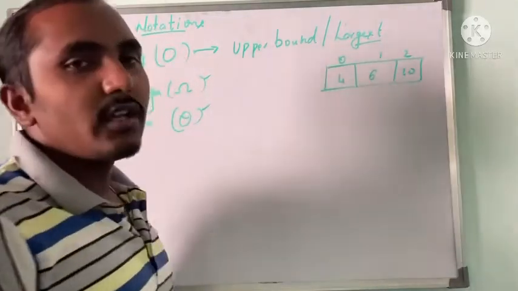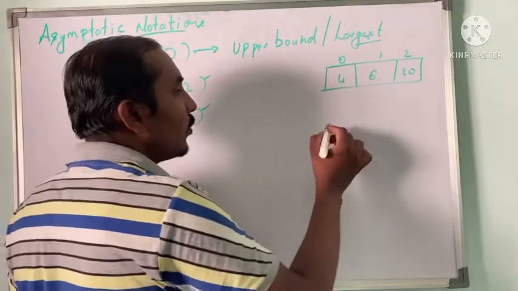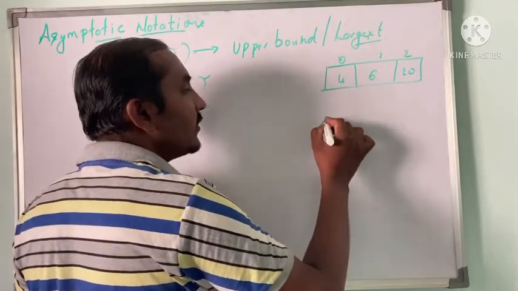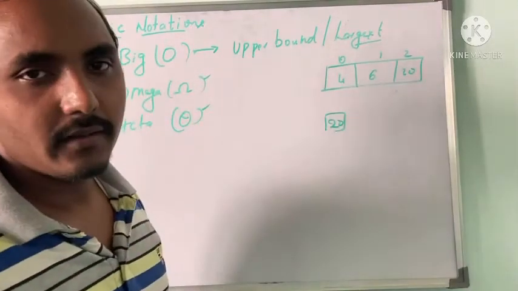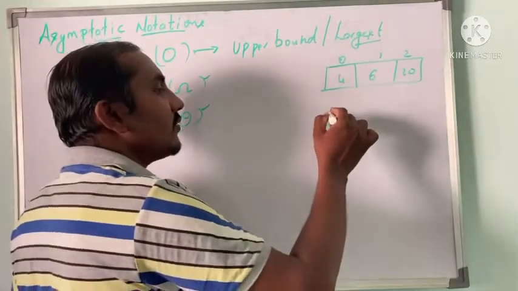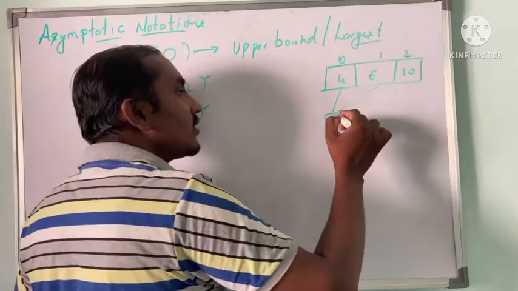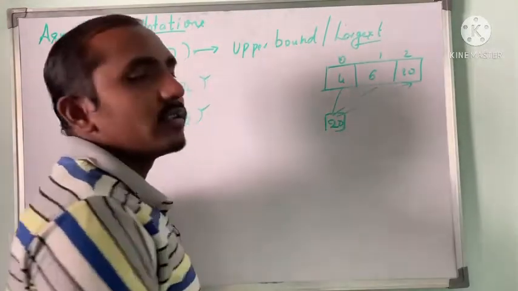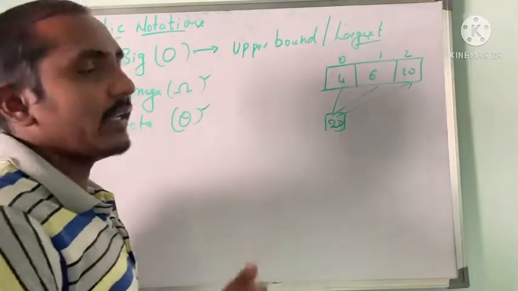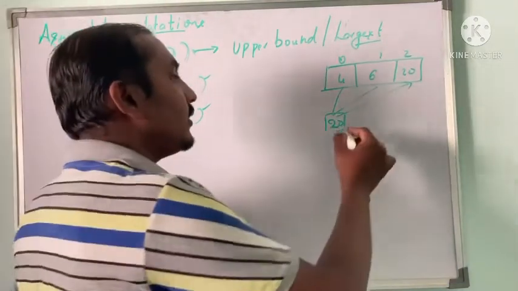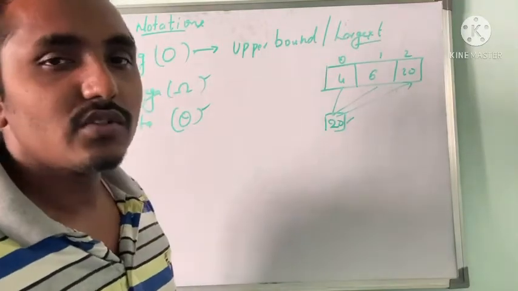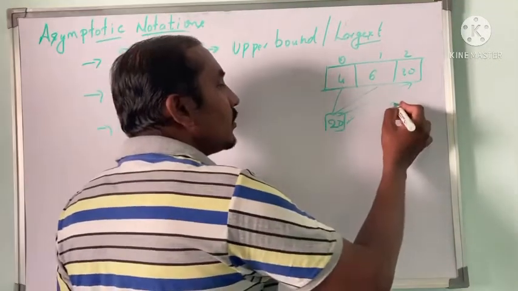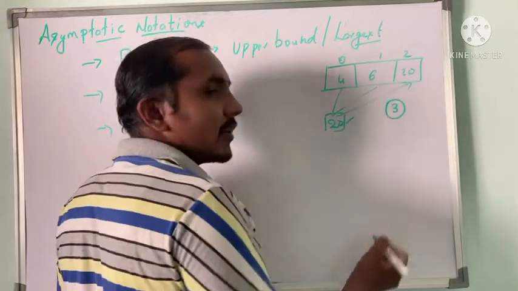Suppose I am searching for the element 20. This is the maximum amount of time it may take. First we compare with 4, then 6, and then 20. When I compare with 20, the element is found. So the maximum number of comparisons taken is 3.